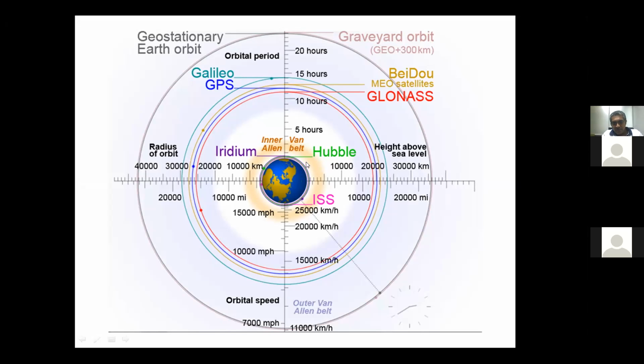And here is the Van Allen radiation belt, and this is the outer radiation belt. Fortunately, all the low Earth orbits are inside the Van Allen radiation belt. Hubble Space Telescope is also inside that. But the GPS satellites are a little further away, and the geostationary orbit is the furthest, 36,000 kilometers away.